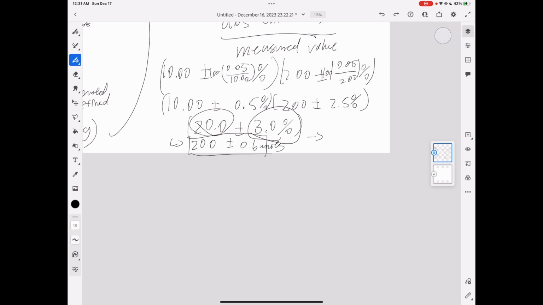So when you bring something to the power of n, you multiply the percent uncertainty by n. And similarly for square roots, or any type of roots, you divide it by n.